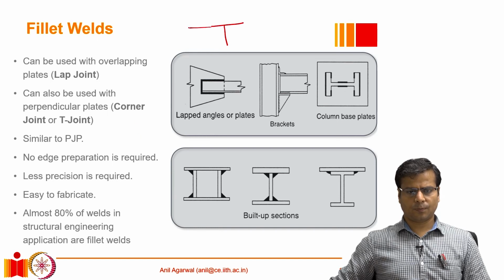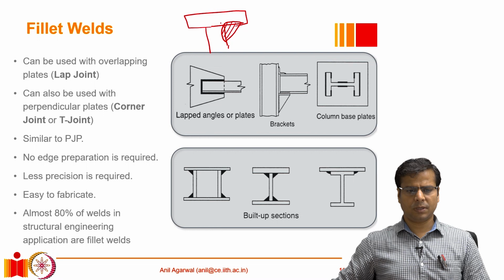So if this is one plate and this is another plate, and the two plates are being welded together, and we provide a fillet here, that fillet typically fuses this part of the two metals. However, in that process, these two metals get fused in this area, but right around this area, the two metals are not fused together.